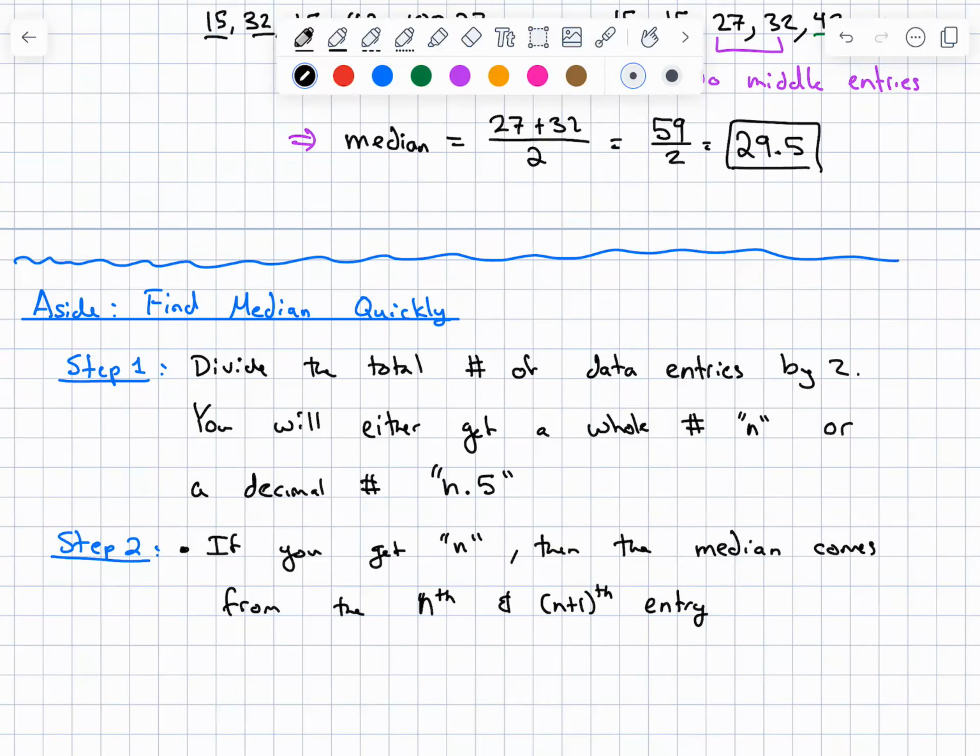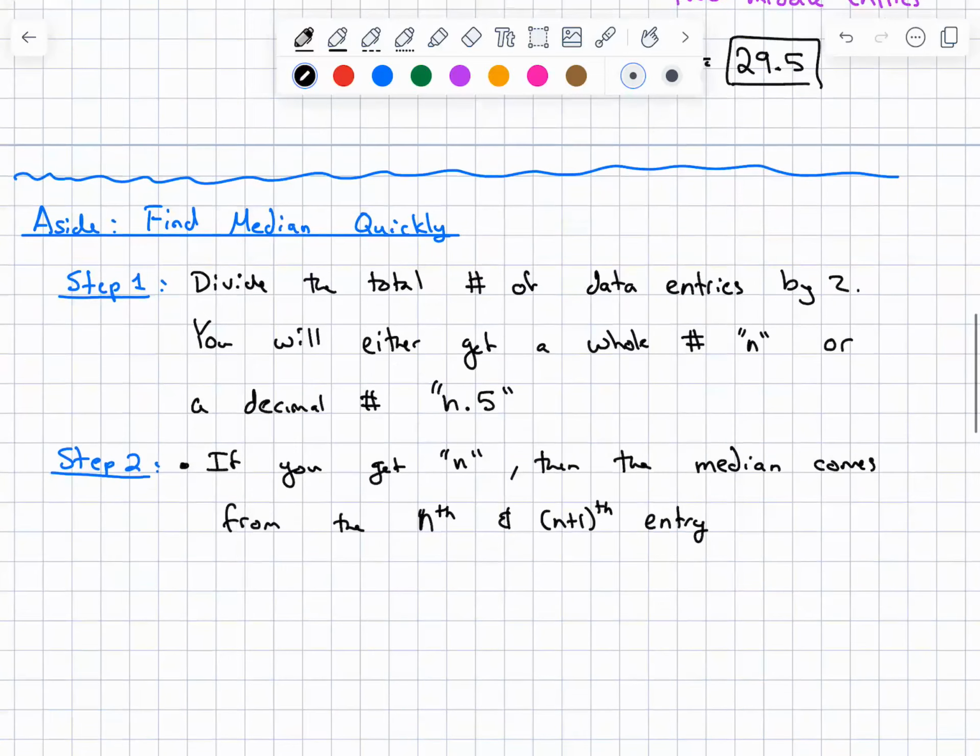I'm going to do 2 examples underneath this. If you got n.5, then the n plus 1th term is the median.